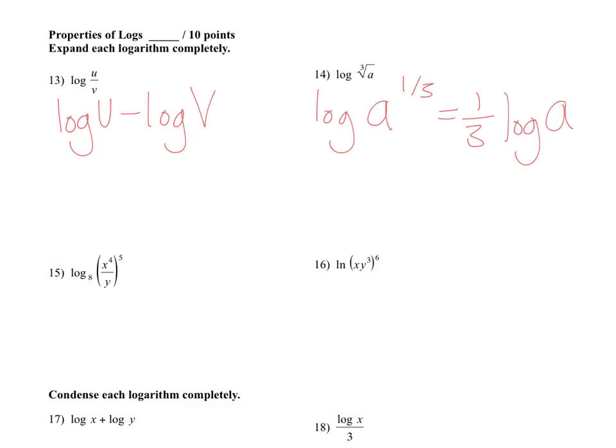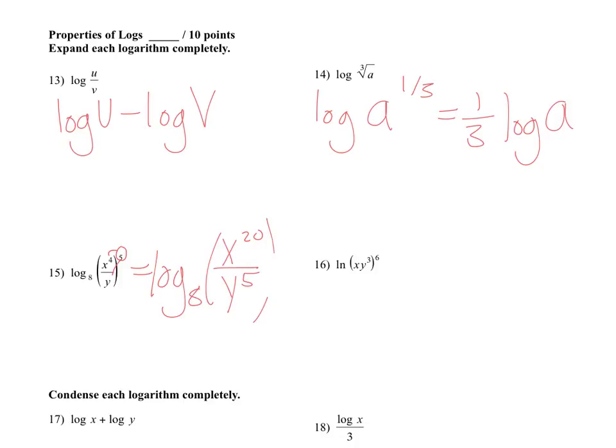For the next one, I'm going to do this in a couple parts. I'm going to probably distribute that 5 to this piece, guys, on the inside. And we get log base 8 of x to the 20 over y to the 5.